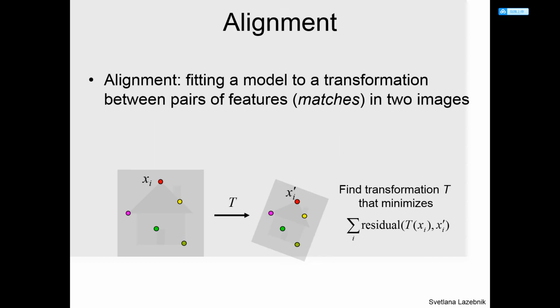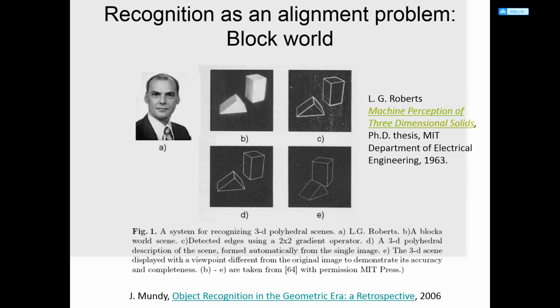For example, the first couple of works, maybe even the first work, by L.G. Roberts at MIT. Of course, I'm simplifying the problem quite a bit. He only thought of a block world, so everything is very simple.